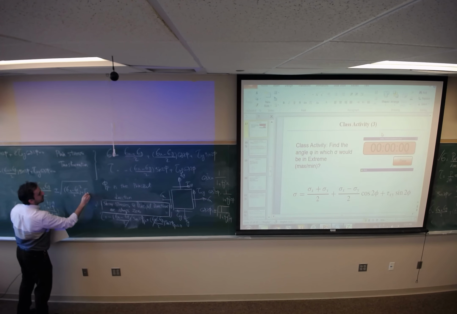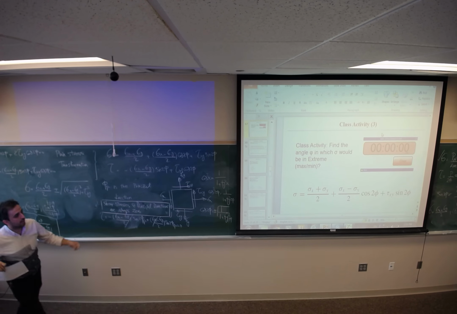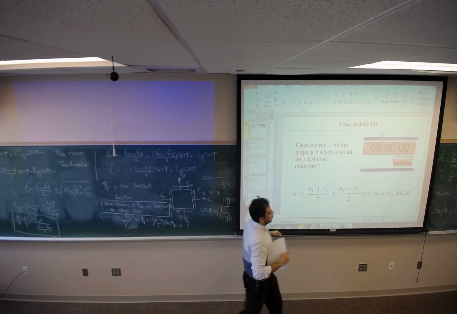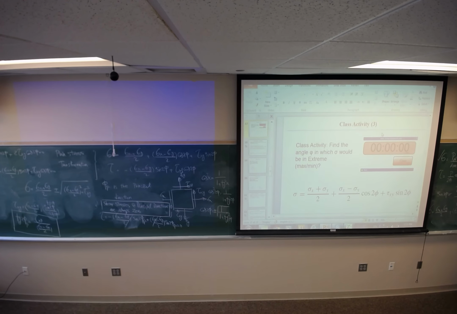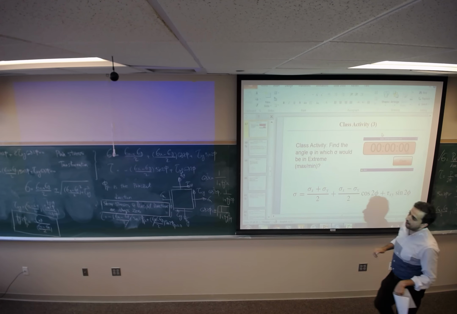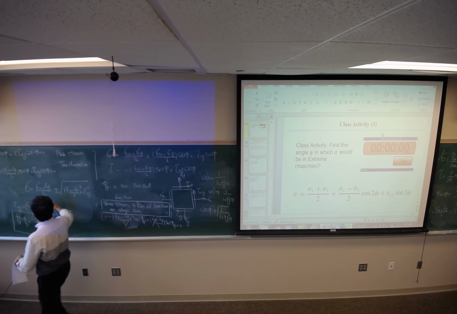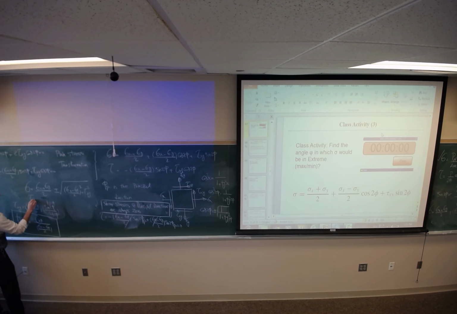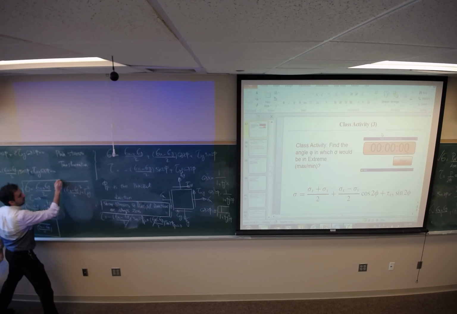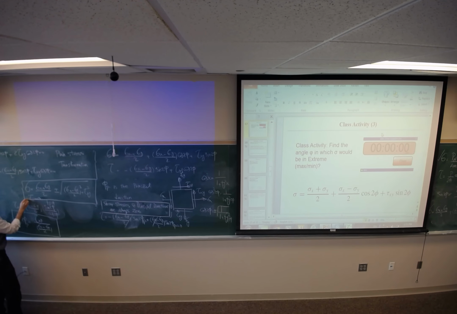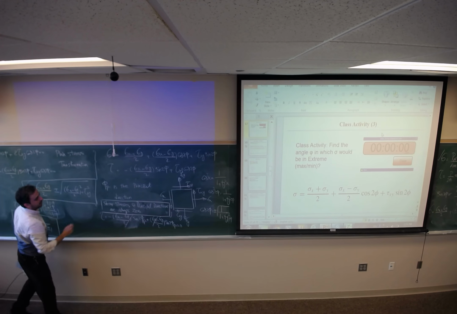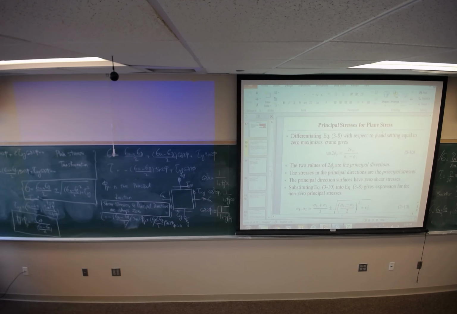So if you follow the steps that I explained, you will get this value for a normal stress. If I ask you what would be the shear stress, you can say it's going to be 0, as I showed here.